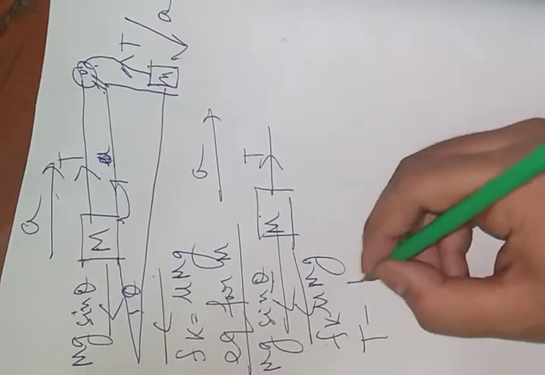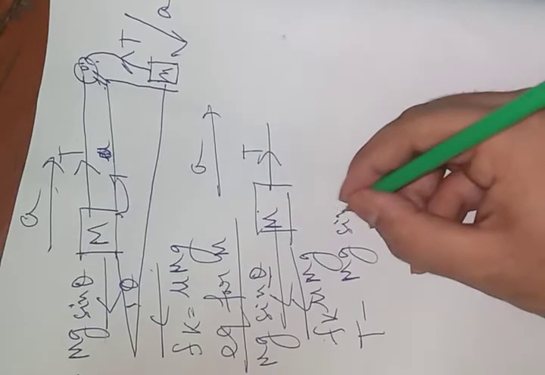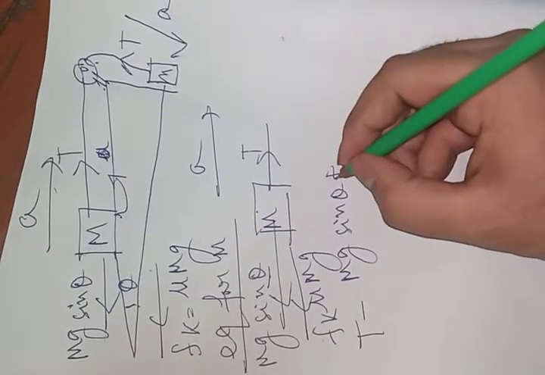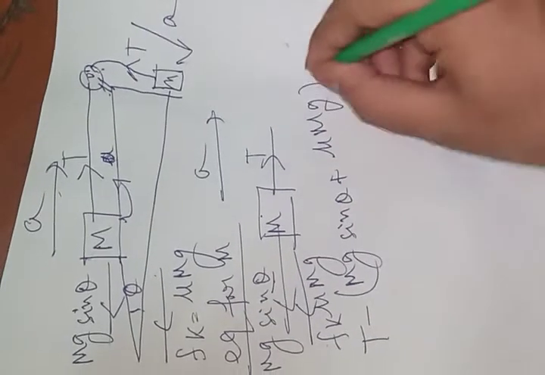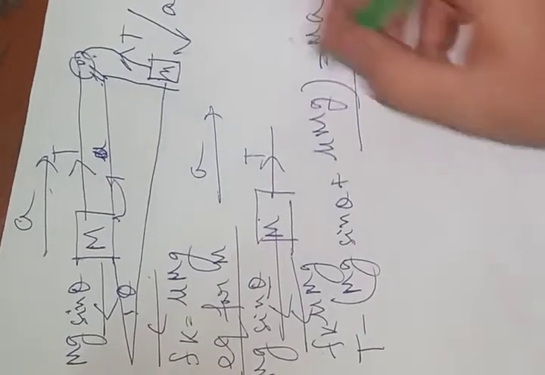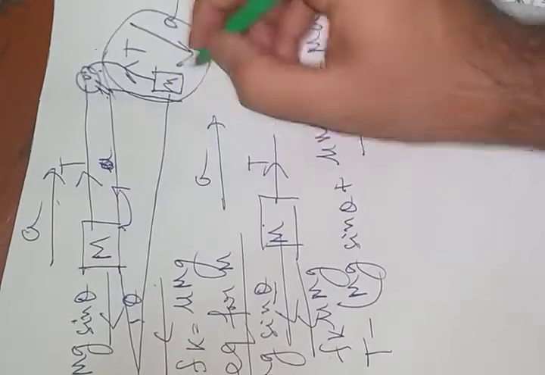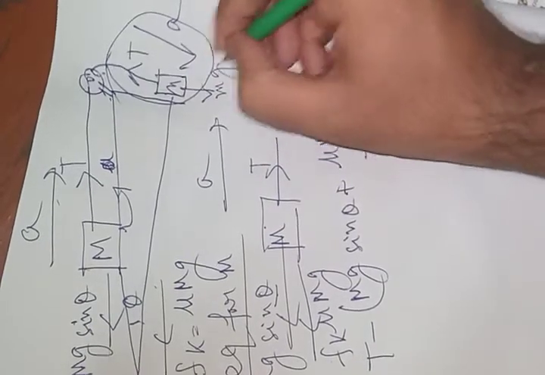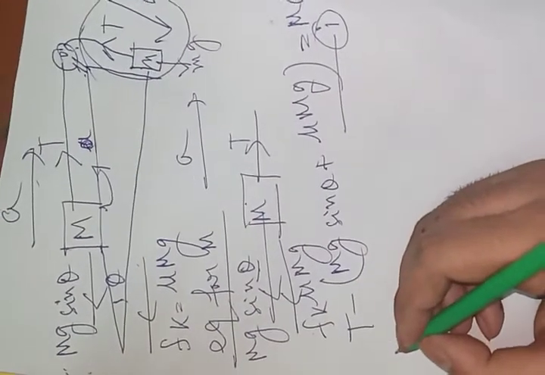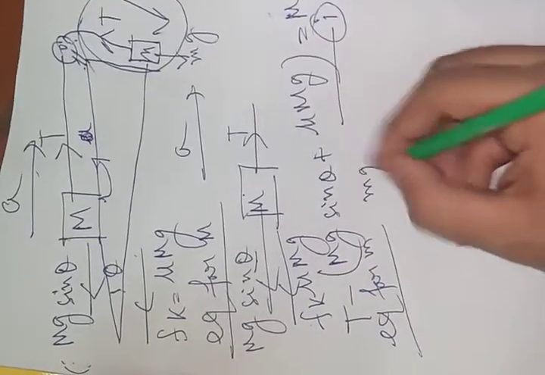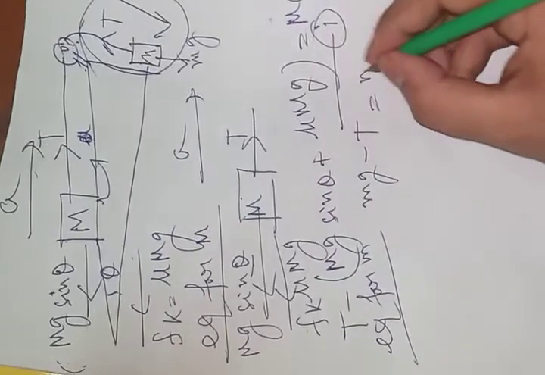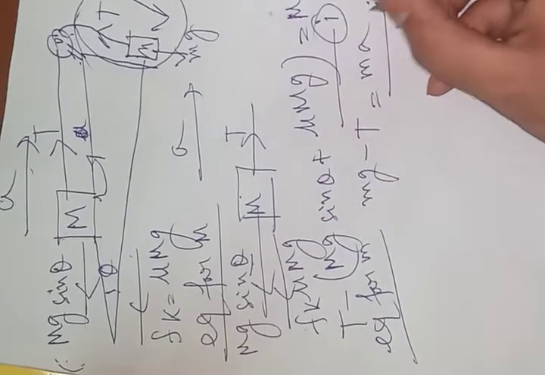So T minus mg sine theta plus mu mg equals Ma is equation 1. And for this, going downwards, the downward force is mg, so the equation for small m: mg minus T equals ma. Now this is 1, this is 2.